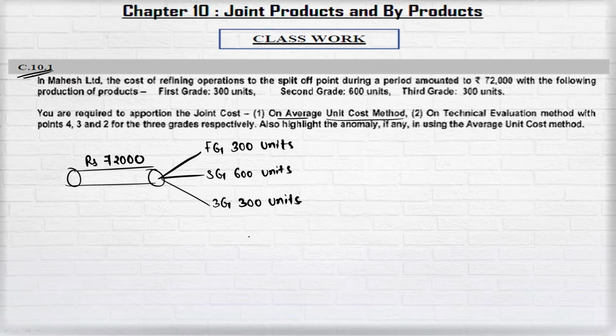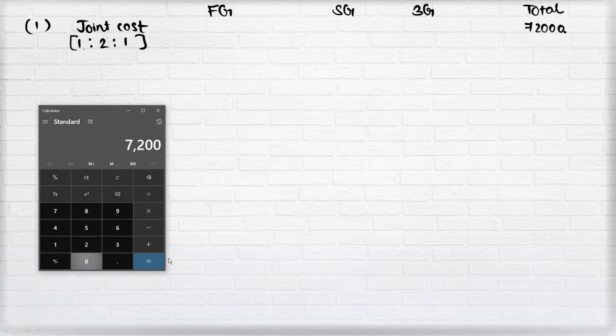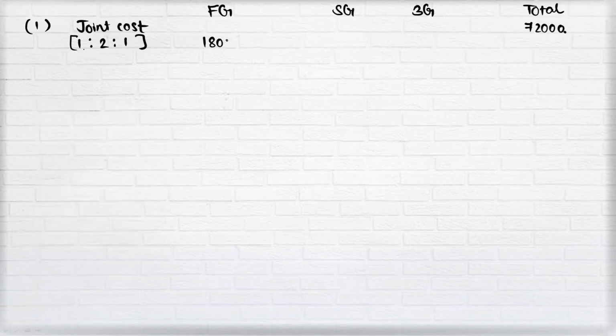Joint cost distributed in physical unit method is 1:2:1. That is 300:600:300. Which will be 72,000 into 1 divided by 4, 18,000. 18,000, 36,000.